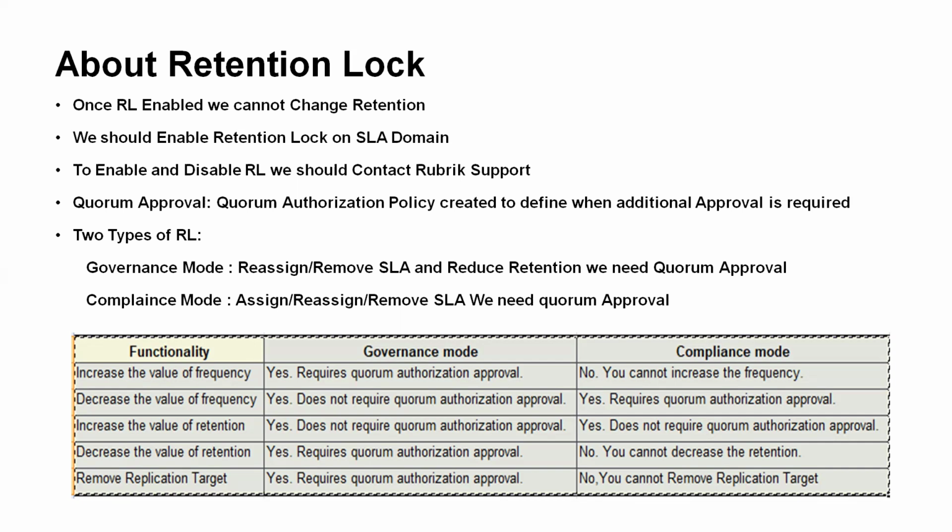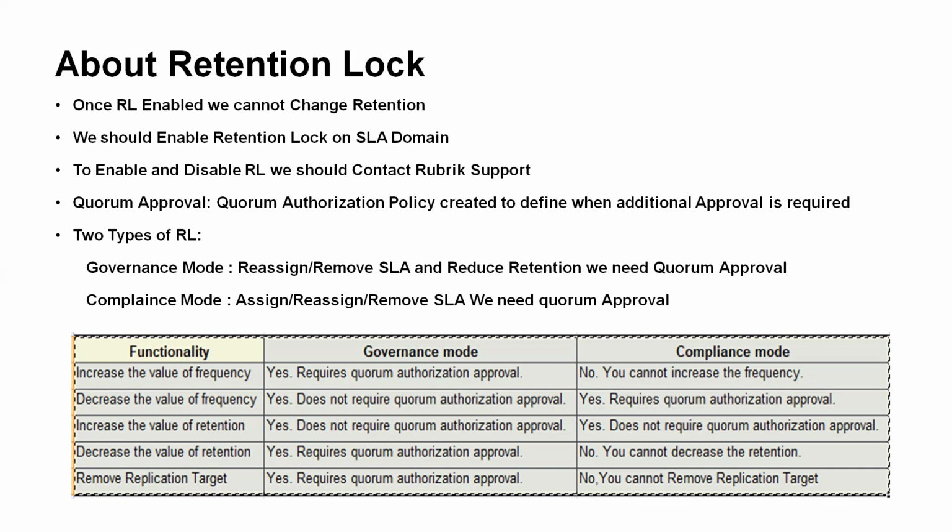To enable retention lock, we need quorum authorization, where a couple of users are given quorum approval or quorum authorization privileges.